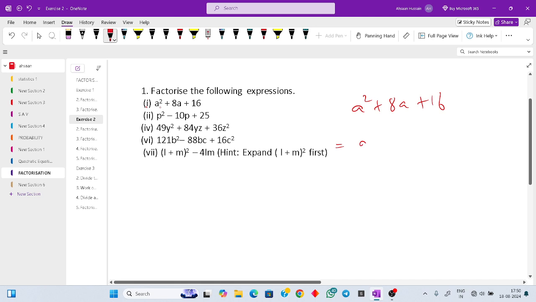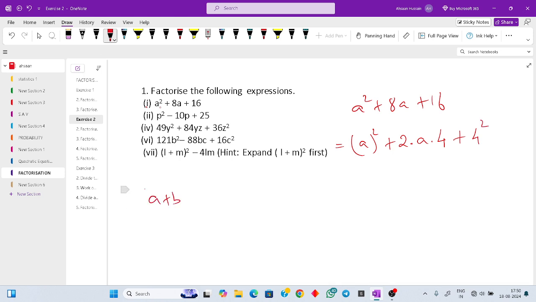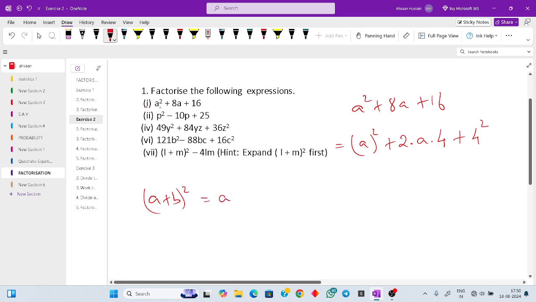So I'll write a square plus twice a. Now what will be the value of b? b will be 4 plus 4 square. See, a plus b whole square means a square plus twice ab plus b square.